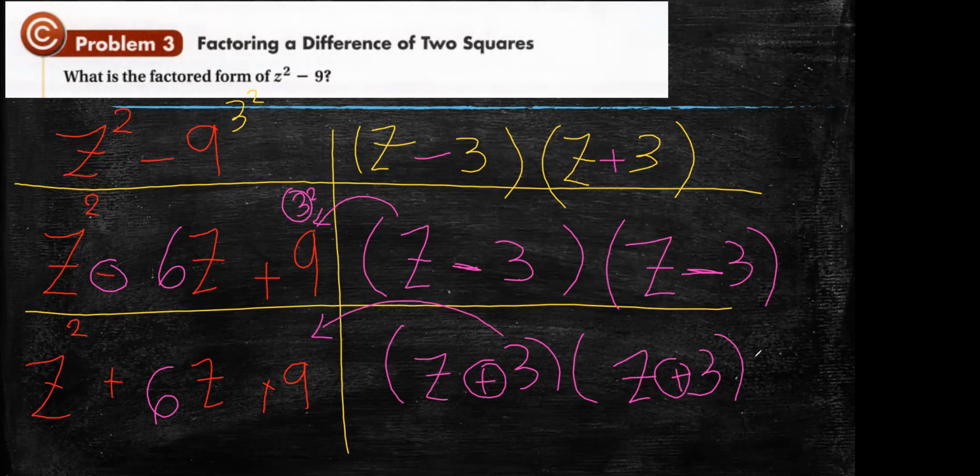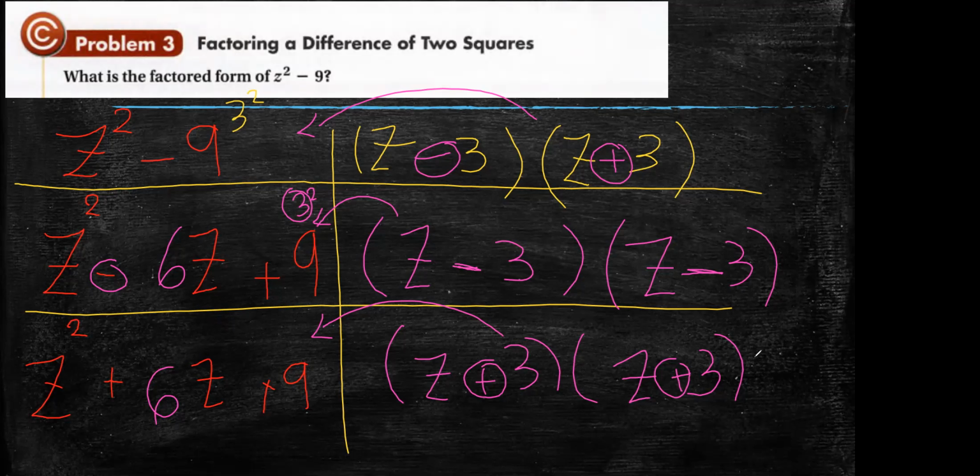And if they have different signs, that means I have a difference of squares. So if you have a difference of squares, you only get z minus 3 and z plus 3, one plus, one minus. If you have a perfect square trinomial, you must get two factors that have the same number with the same sign.